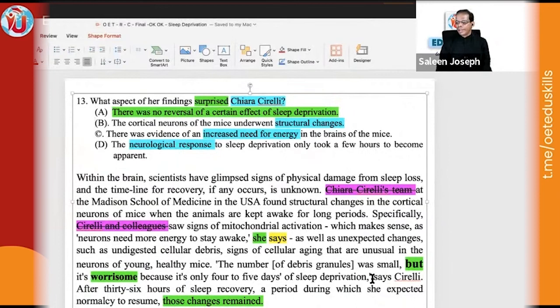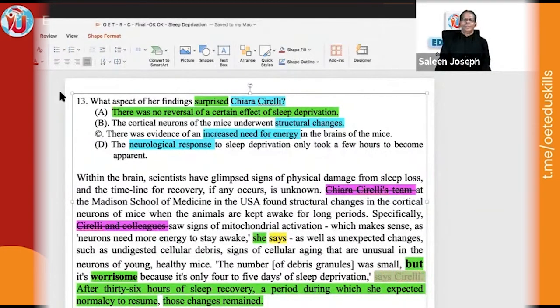Says really, see, again you have says really, right? She says really. After 36 hours of sleep recovery, a period during which she expected normalcy, it did not happen. Recovery was not possible. No reversal of a certain effect of sleep deprivation. Is that clear? Yes. Yes, Father.